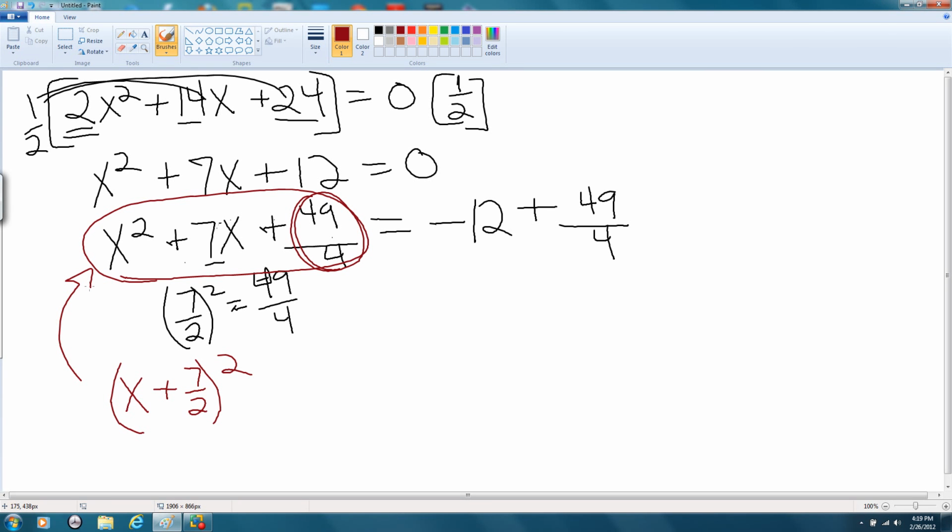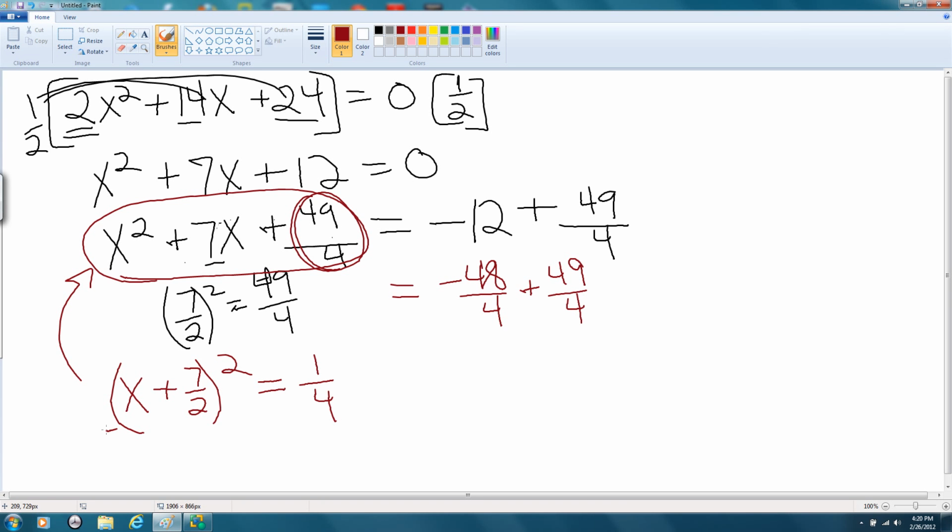And then all of that is equal to whatever this is. Let's simplify this side a little bit. Negative 12 we're going to make into fourths, so that's negative 48 fourths, multiplying top and bottom by 4, plus 49 fourths. Well, that's good. That's coming out a lot more manageable. So all of this is equal to 1/4 down here.